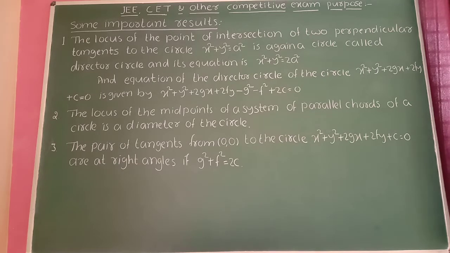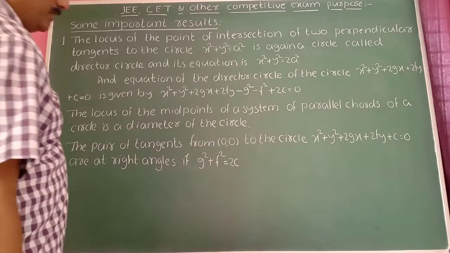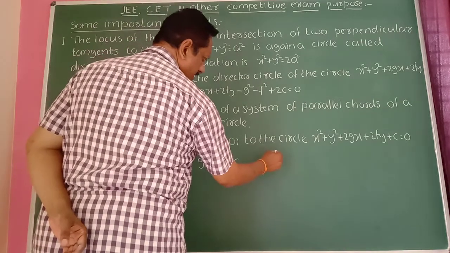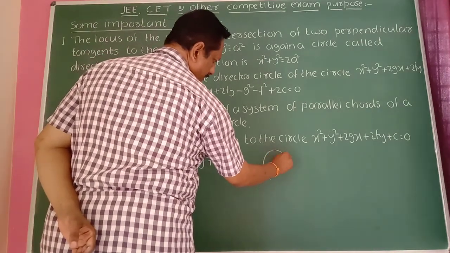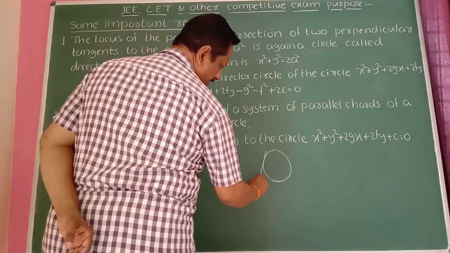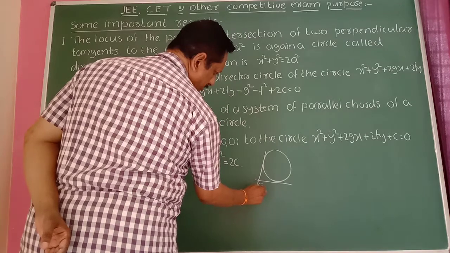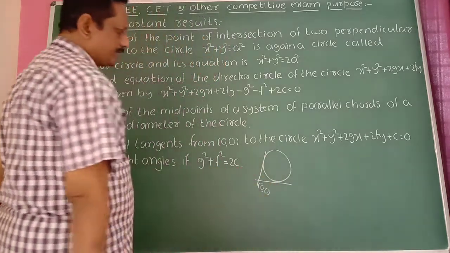The pair of tangents from origin to the circle x square plus y square plus 2gx plus 2fy plus c equal to 0 are at right angles if g square plus f square is equal to 2c. Means here is the circle. This is one tangent and this is one more tangent here, passing through origin here.